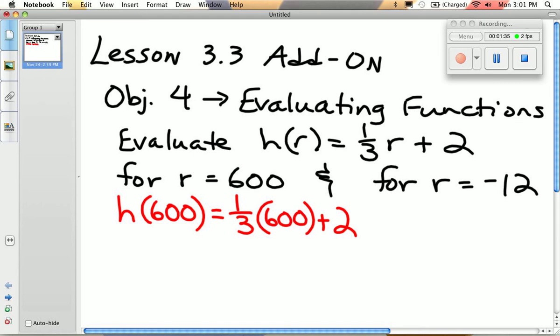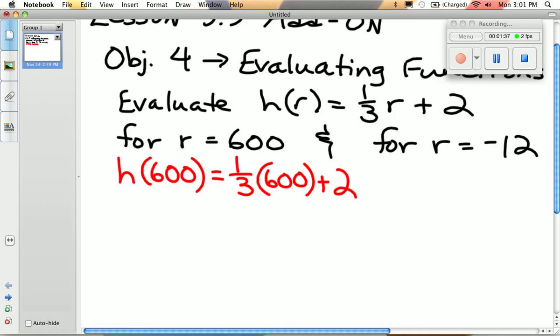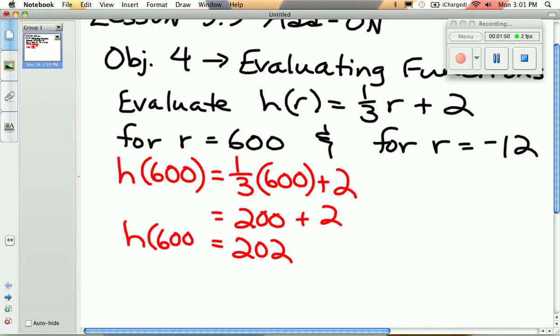Okay, so what is 1/3 of 600? 200. And 200 plus 2 is? 202. So we would say that h of 600 is equal to 202.